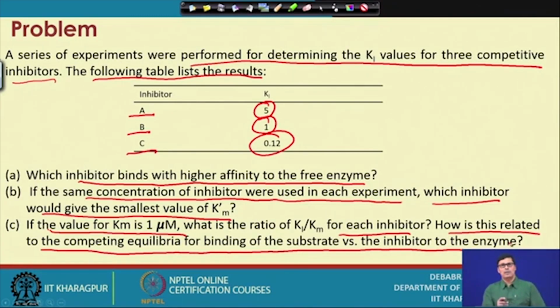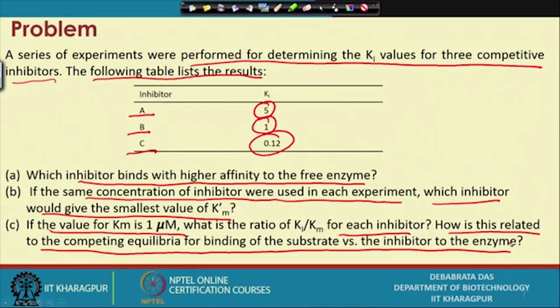We know that while discussing competitive inhibitors, we come across different types. One is completely competitive inhibition and the other is partially competitive inhibition. In completely competitive inhibition, both inhibitor and substrate compete for the same active site of the enzyme.